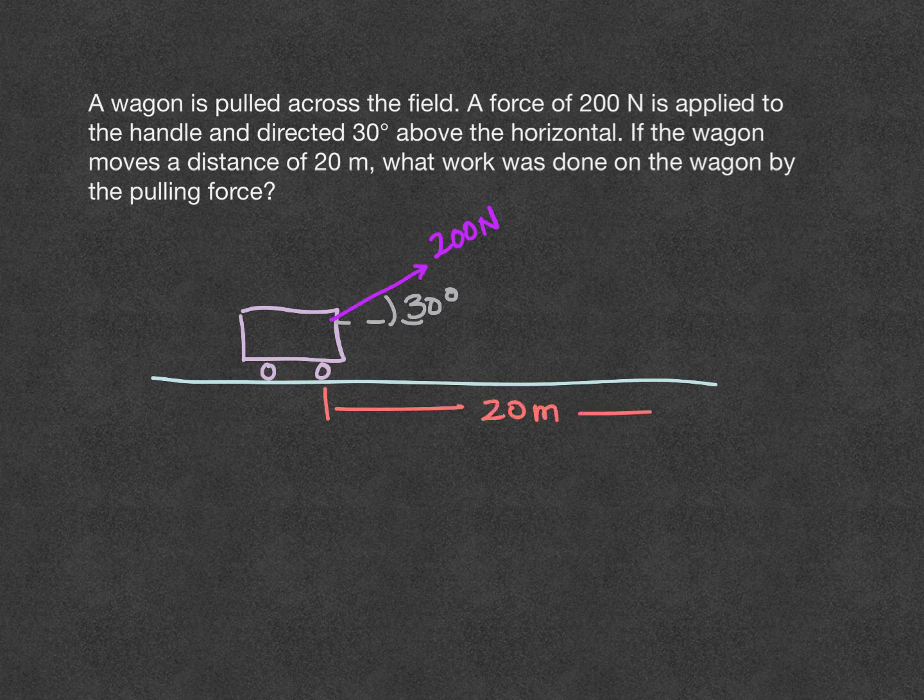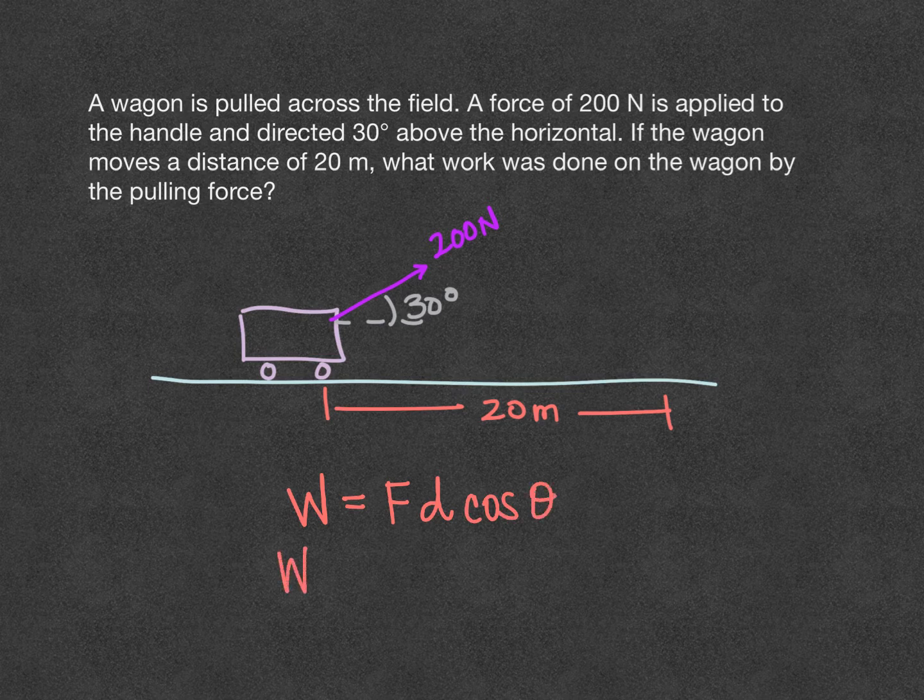Now, because the force is directed at an angle above the horizontal, we need to determine the amount of work done by the horizontal component of the force only. When the force is not parallel to the distance, we use the function that the work is equal to the force times the distance times cosine of the angle.